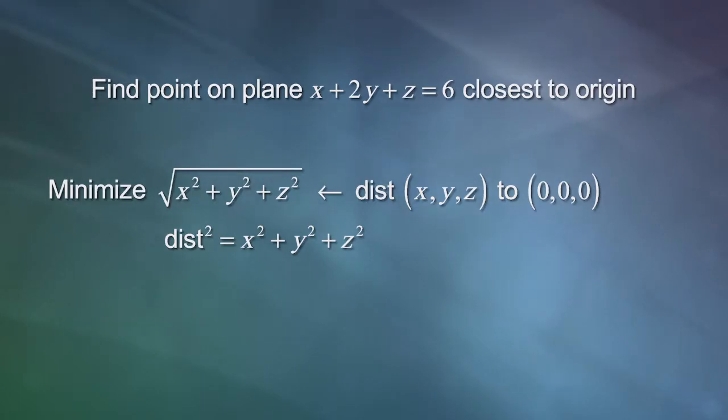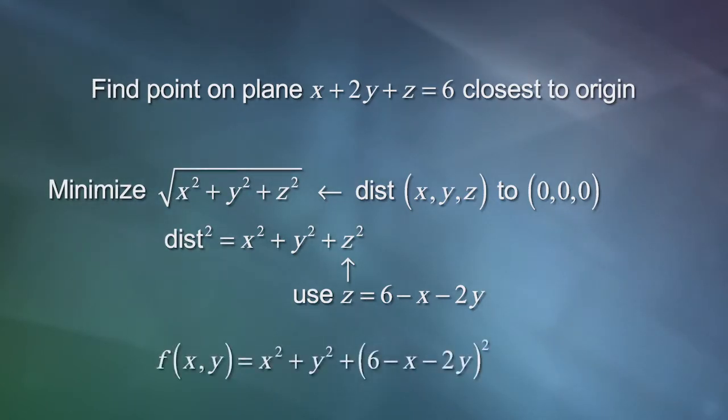To restrict the point (x, y, z) to the plane, we substitute z = 6 - x - 2y. And then we find that the function we want to optimize is f(x, y) = x squared plus y squared plus (6 - x - 2y) squared. That's a two-variable function.